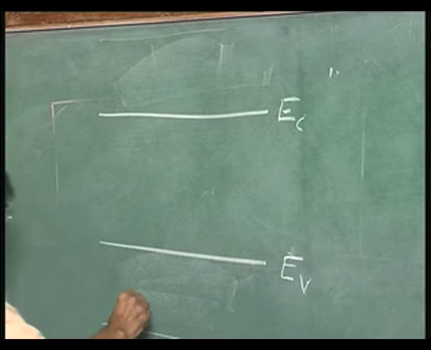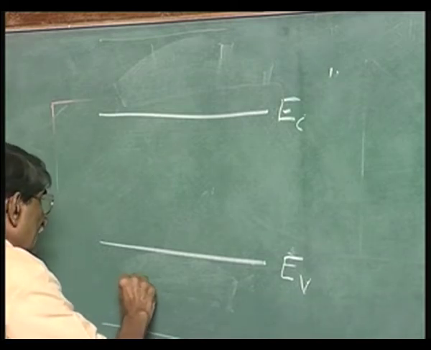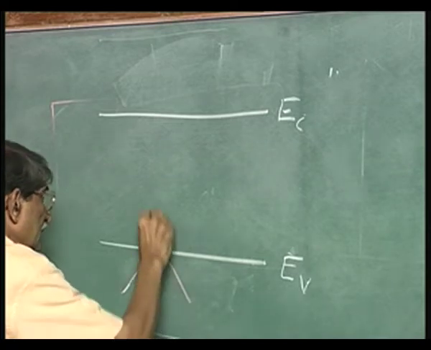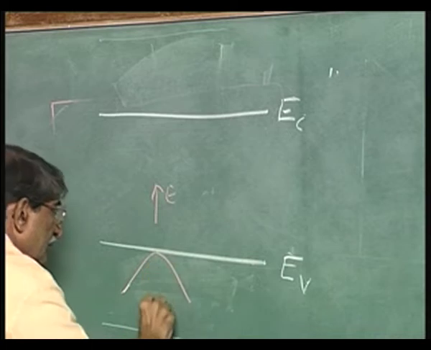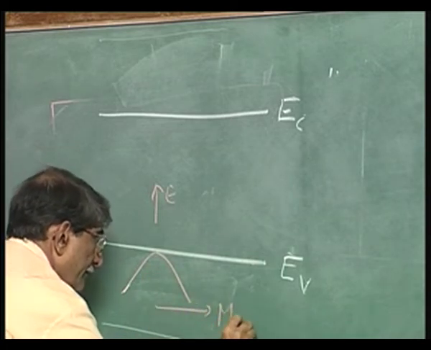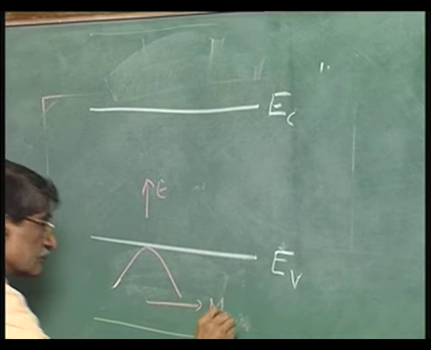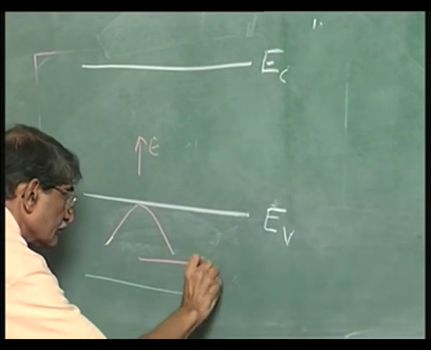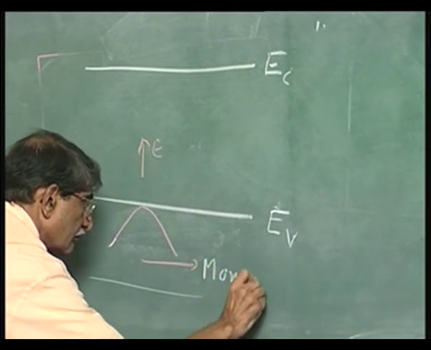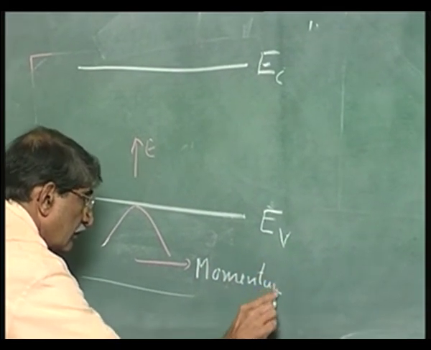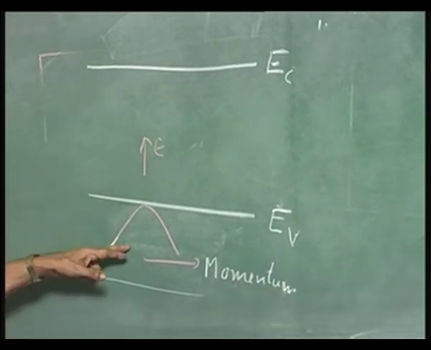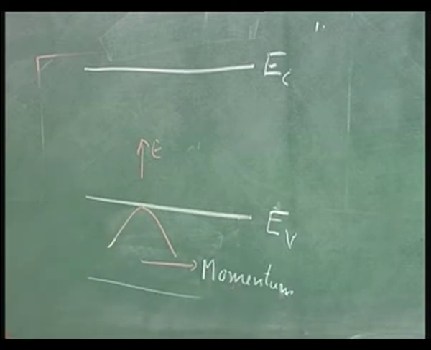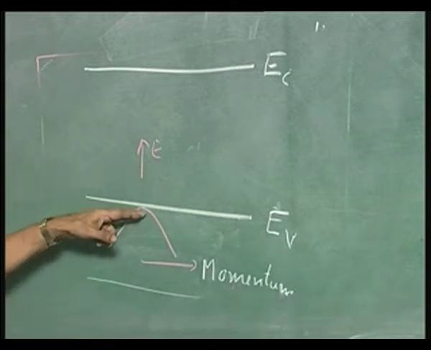I can just say, in the case of gallium arsenide, energy versus momentum, I show only one curve. What is important is where the tip is, because the holes will tend to occupy the top of the valence band.